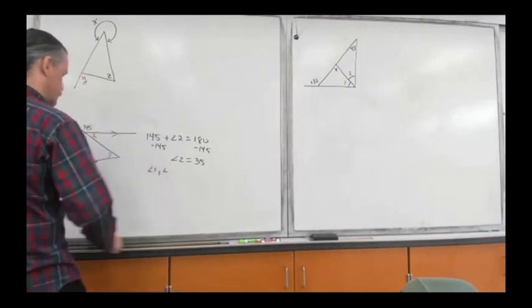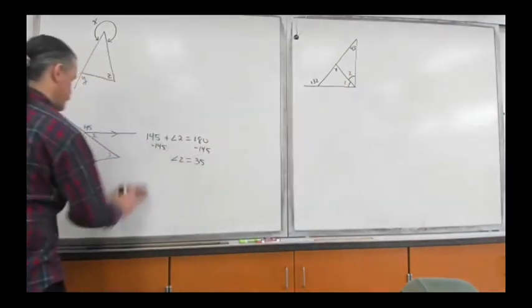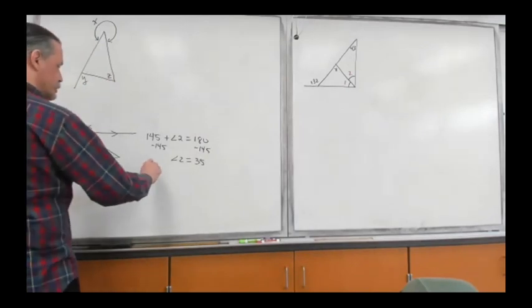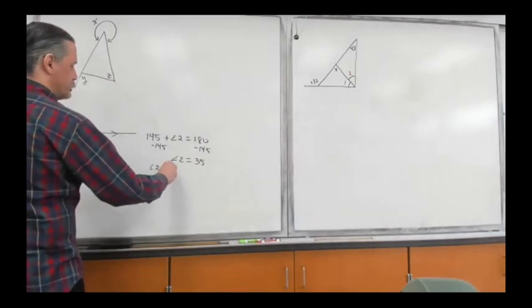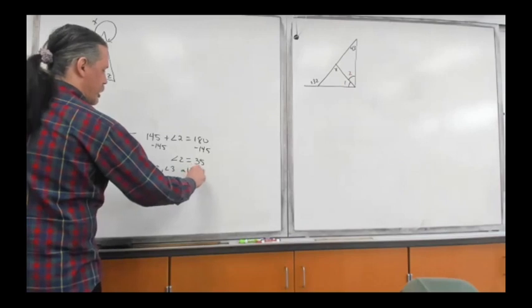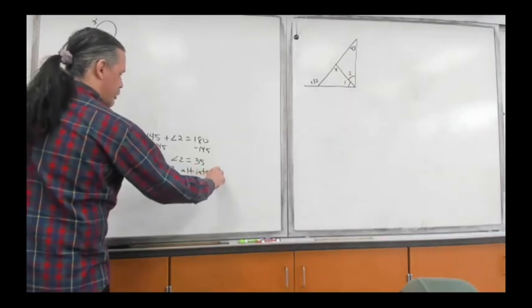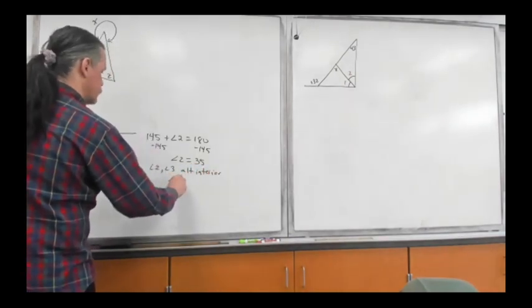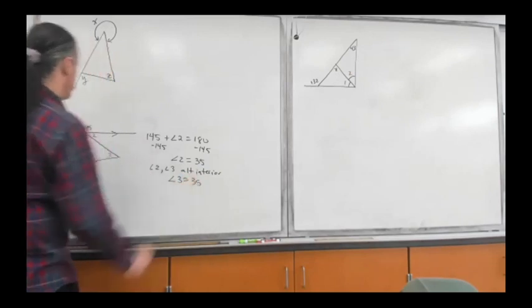Oh, sorry, I said angle 2 and angle 3, my bad, I'm looking at the number. So angle 2 and angle 3 are alternate interior. Okay, so then angle 3 is also equal to 35.